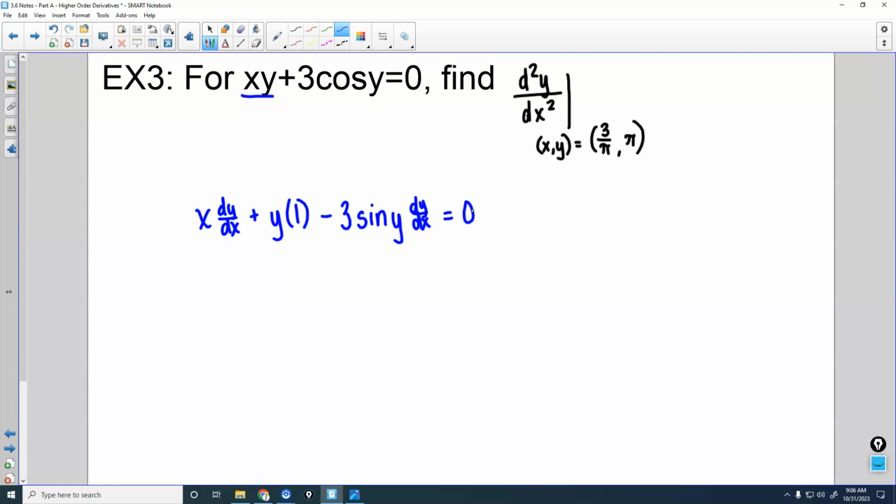Okay. All dy dx's stay over here on the left side. And that y is going to go over to the other side. It'll become a negative y.